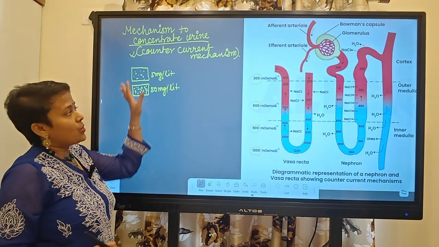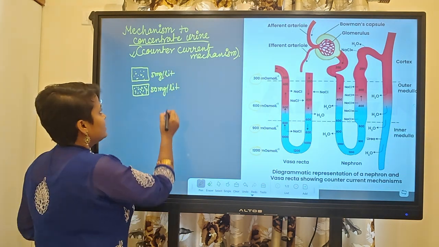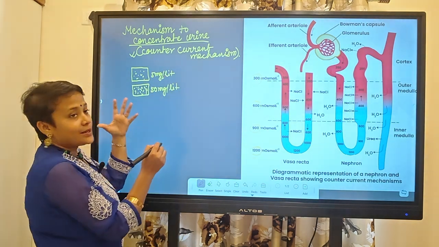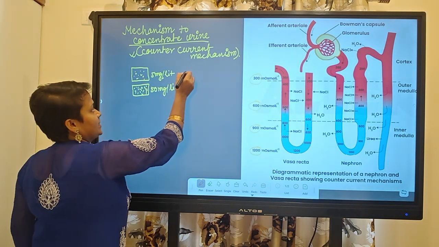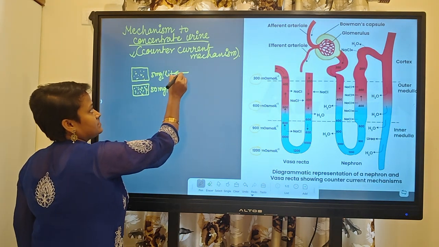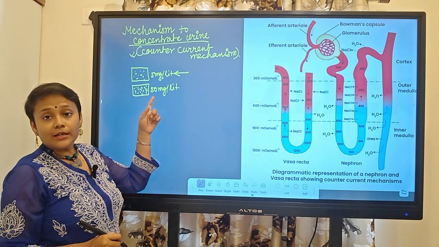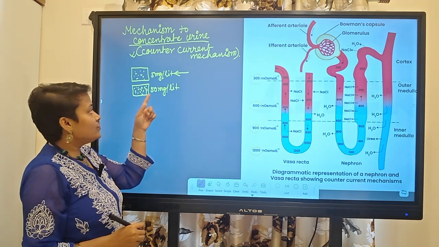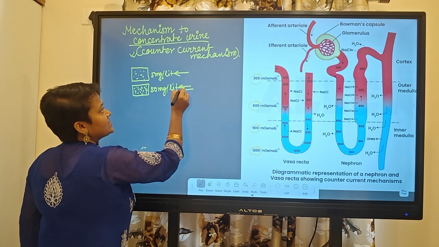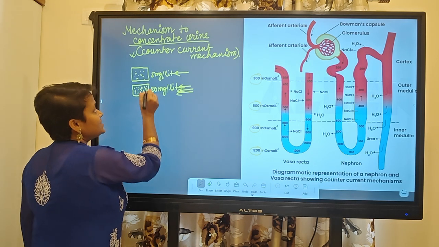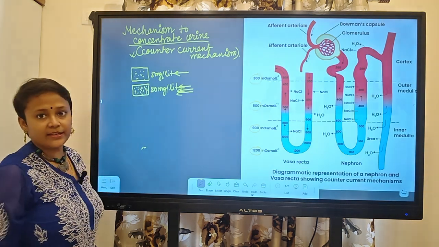Now, as the water is outside, the rate of water entering the first chamber will be less, but the rate of water coming into the second chamber from outside will be much higher, because the concentration of solute is higher here.